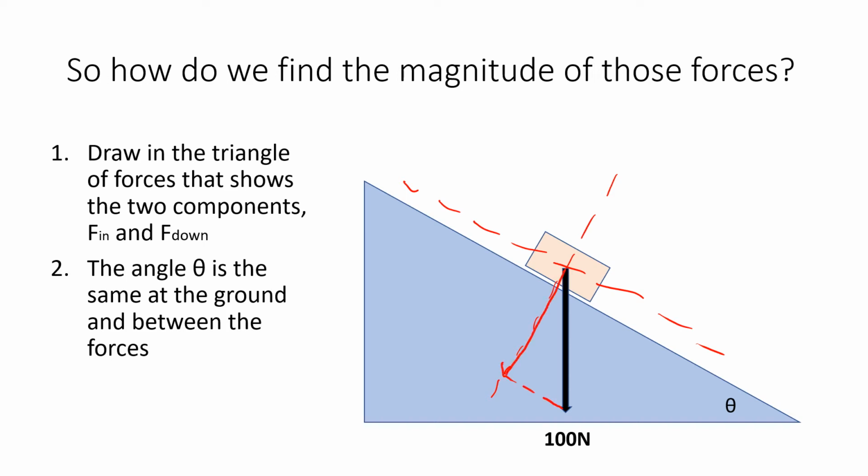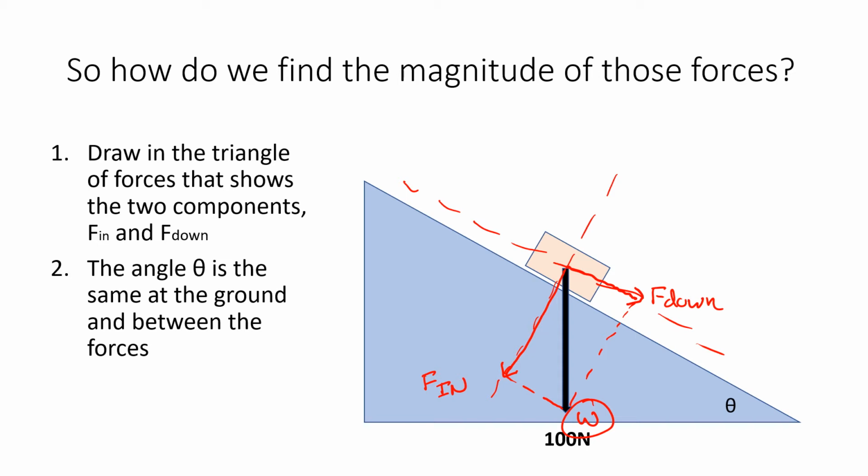And this component here is going to be our force going into the ramp. And we go up to the axis here, and this force right here is going to be our force going down the ramp. Again, those are the two components of the weight. There's our weight down there. That's 100 newtons, and it's split into a force pushing it into the ramp and a force going down the ramp.